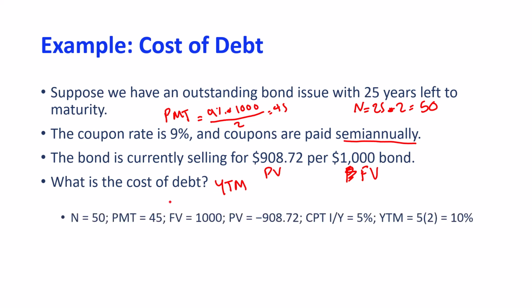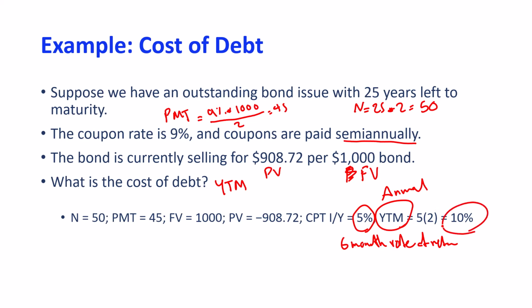Using the inputs, we find that the yield to maturity, I/Y, the discount rate, the 6-month rate of return, is 5%, but since we are looking for yield to maturity, which is an annual rate, we need to multiply that by 2 to get the 10% yield to maturity.